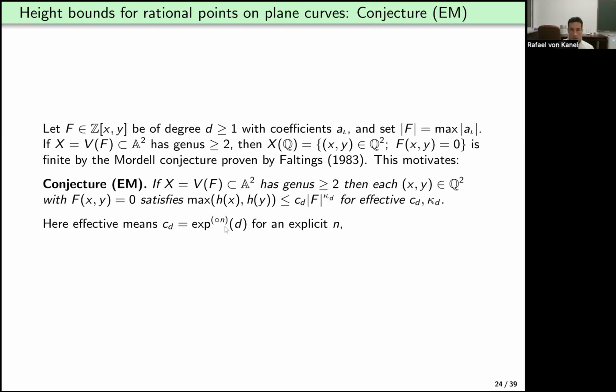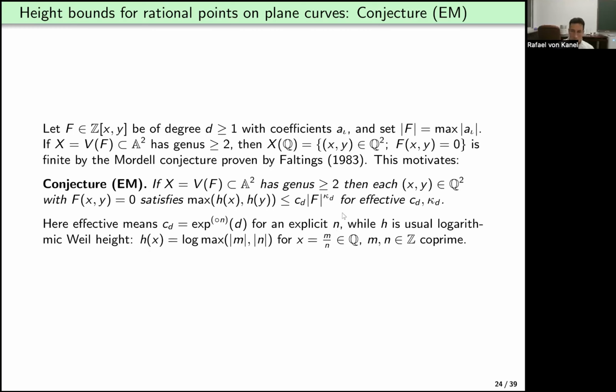By effective, we mean that this is just an iterated exponential in terms of d for some explicit n. Also, this small h here is the usual logarithmic Weil height, which I briefly recall here. Small h of x is just the logarithm of the maximum of the absolute values of m and n for any x = m/n in Q.